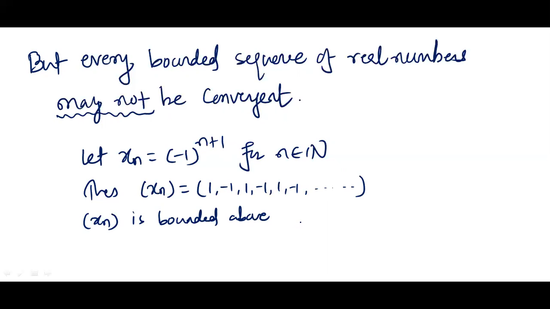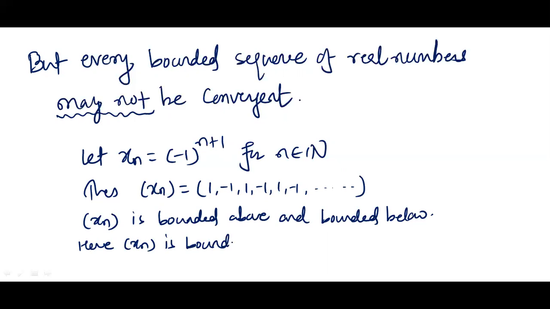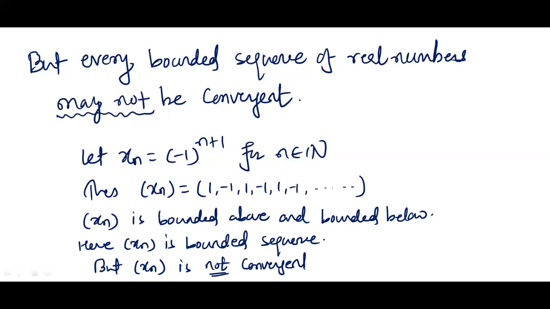Similarly, each term of the sequence is greater equal -1, means we have a real number -1, so that each term of the sequence is greater equal -1, therefore it is bounded below also. And hence xn is bounded. But we have seen that xn is not convergent.